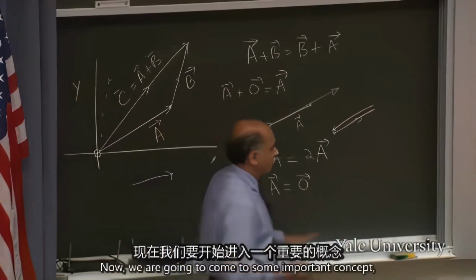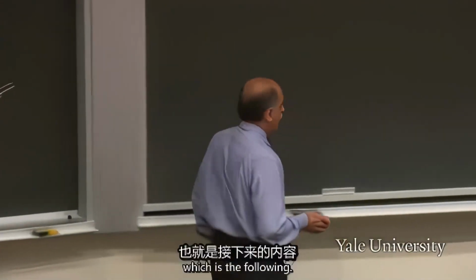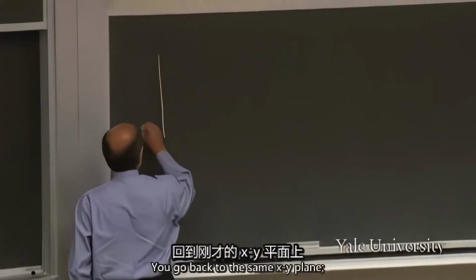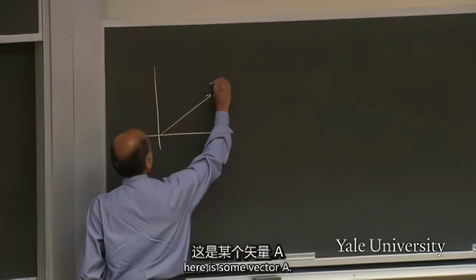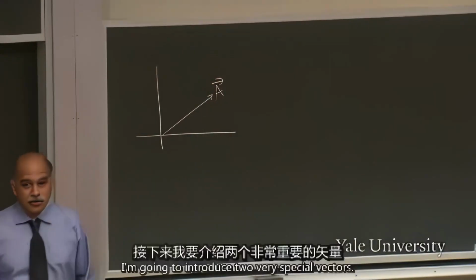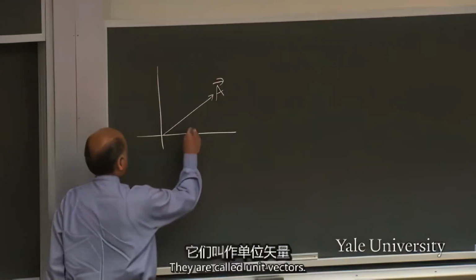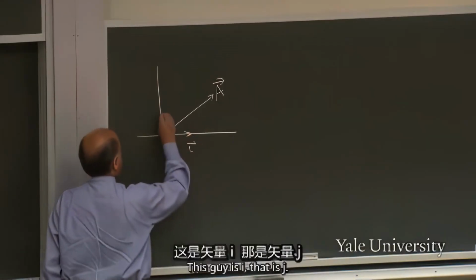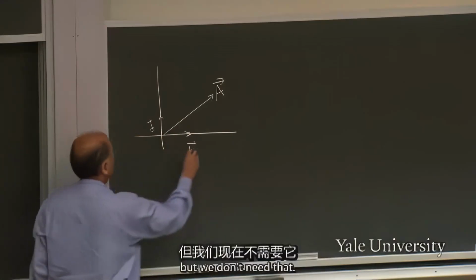Now we're going to come to some important concept, which is the following. You go back to the same xy plane. Here is some vector A. I'm going to introduce two very special vectors. They are called the unit vectors, and this guy is i, that is j. If I had a third axis, I would draw a k, but we don't need that.